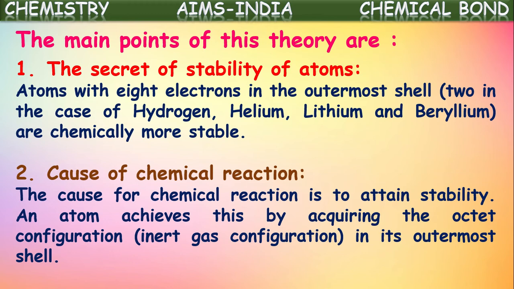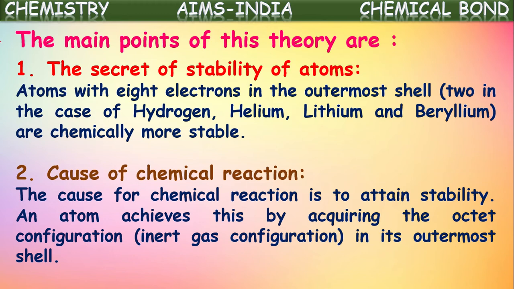As we told, our scientists have discovered so far 118 elements, isn't it? Out of these 118 elements, only very few elements are having this stability, that is octet configuration, whereas all the remaining elements do not have this octet. As they do not have octet or duplet configuration, those elements are unstable or more reactive.